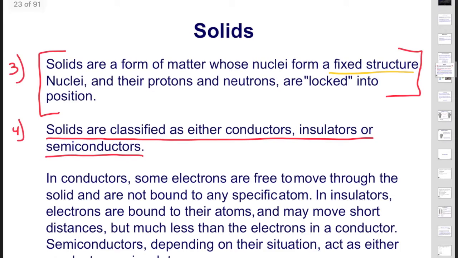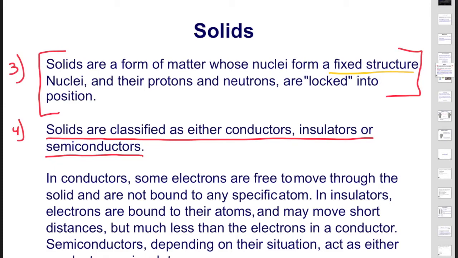Now, to be able to understand how the electrons work or how the electricity can have the motion from one point to another point, we need to understand how solids are.